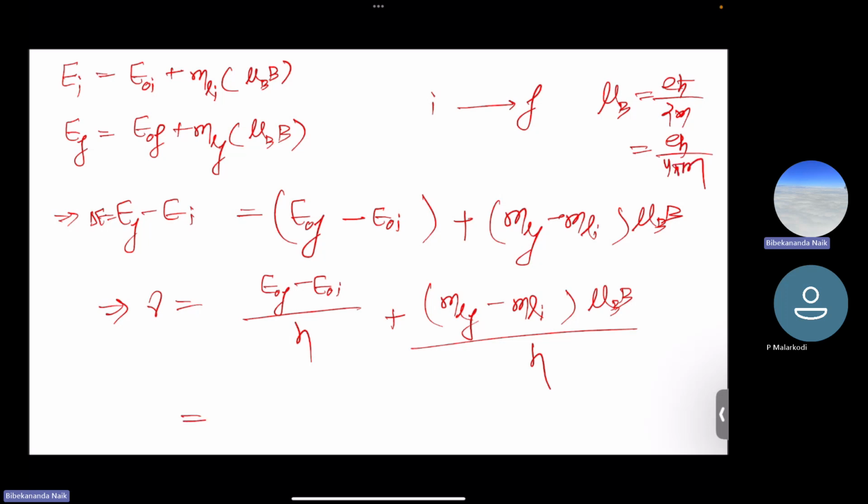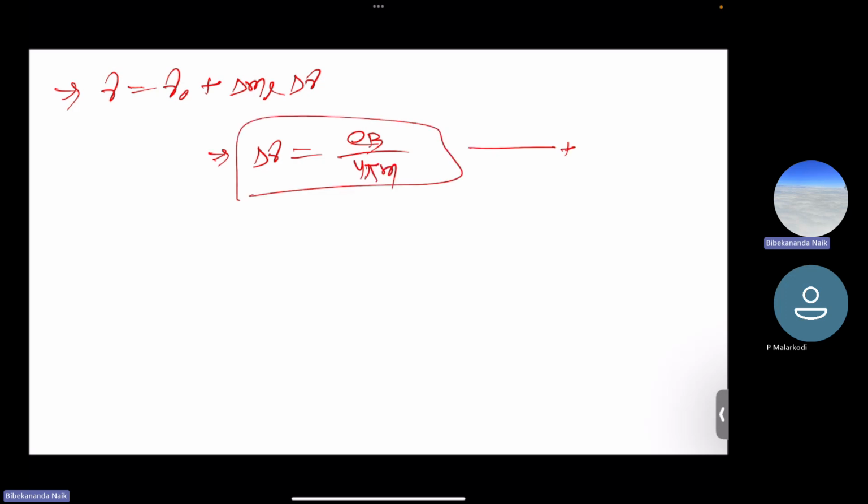So if you put that, suppose this is nu 0 plus delta ml. Then mu B by h will be eh by 4 pi m into B divided by h. So nu is equal to nu 0 plus delta ml delta nu, where delta nu will be eB by 4 pi m. Is this clear?